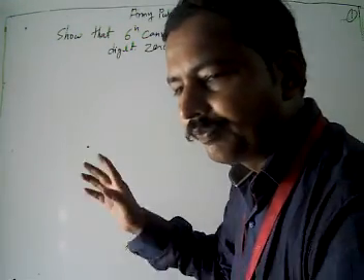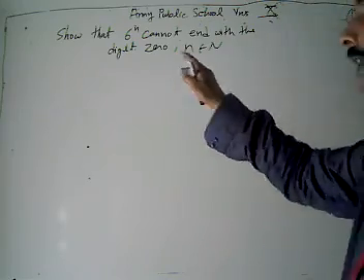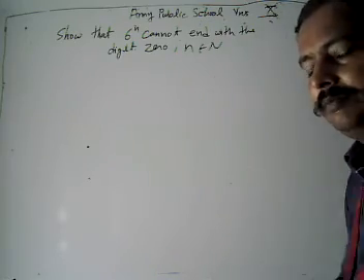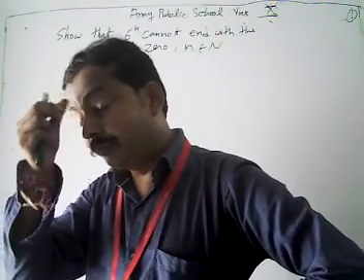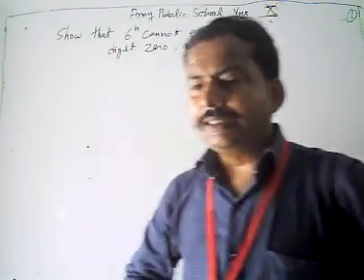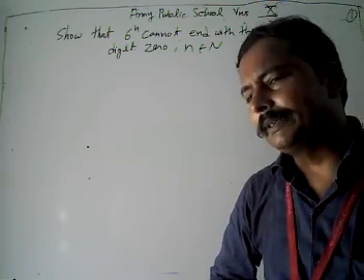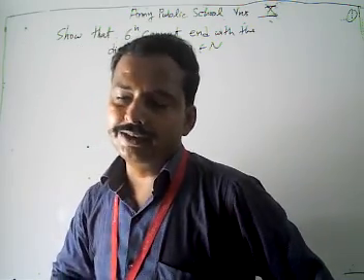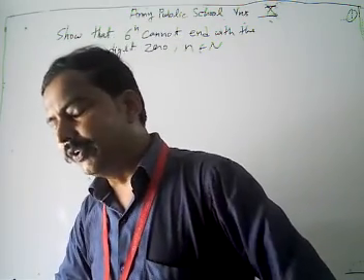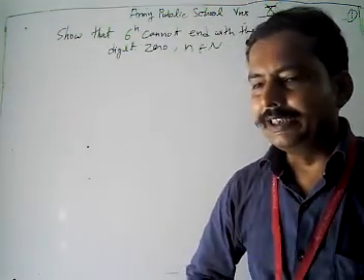Now, how can we solve it? We are just going to suppose that 6 to the power n can end with the digit 0. When we suppose that 6 to the power n ends with the digit 0, go to your basics. Whenever we have numbers that end with the digit 0, like 10, 20, 30, 40, 50 and so on, all these numbers are divisible by 5.